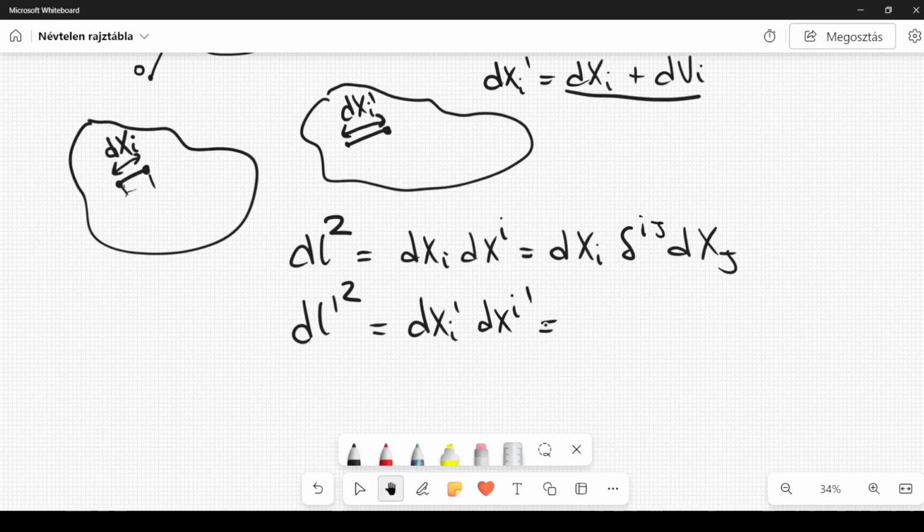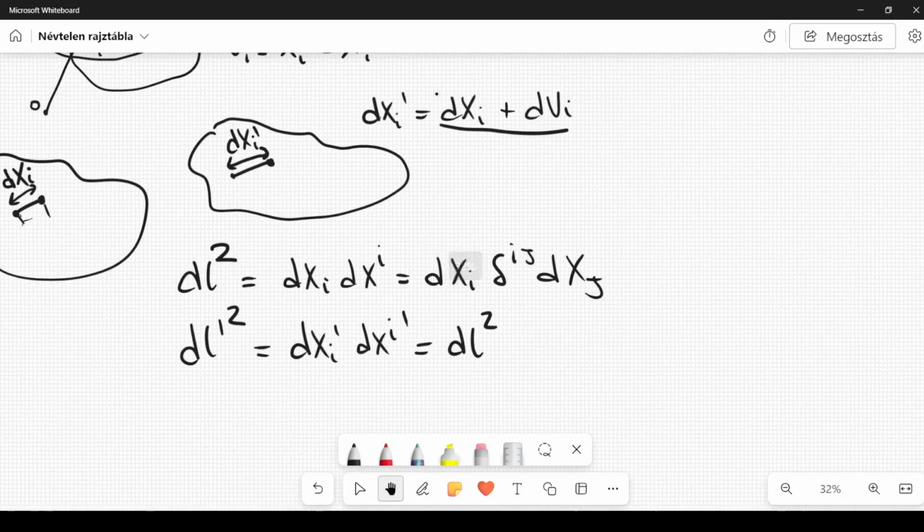So basically, when I do the substitution, I get dl squared when we multiply dxi by dxi, and then we also get some cross terms.